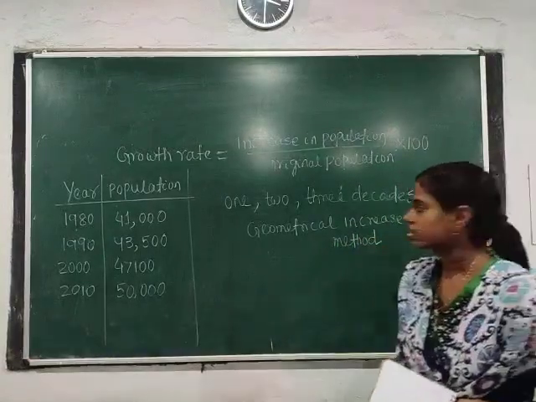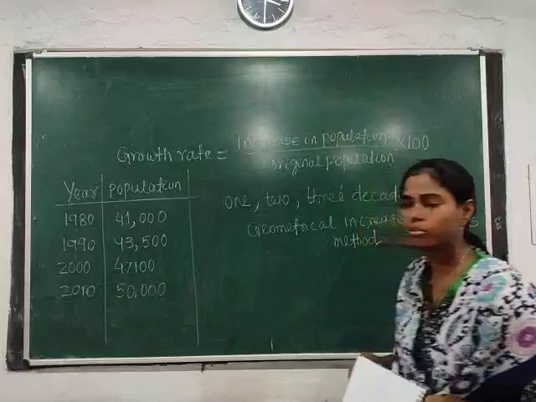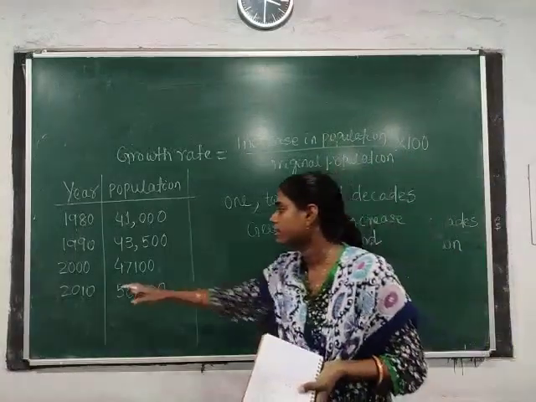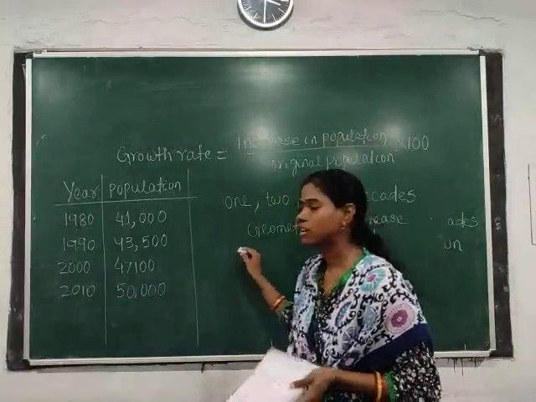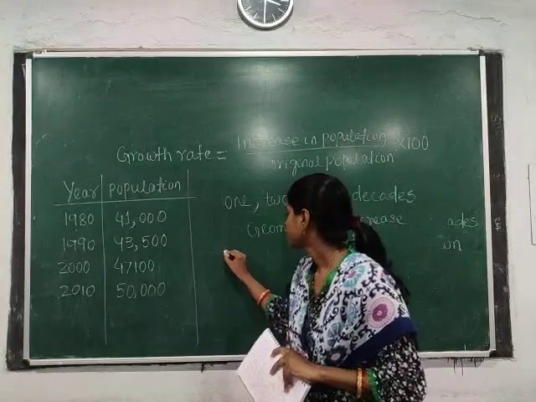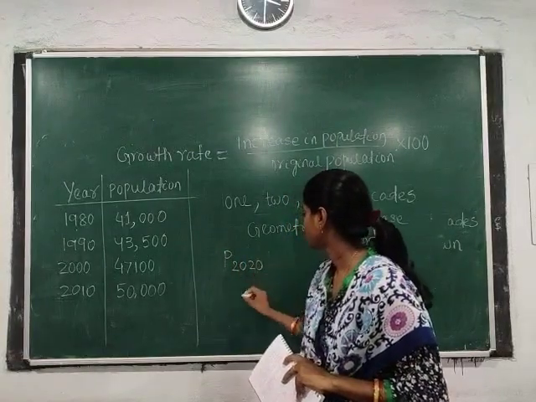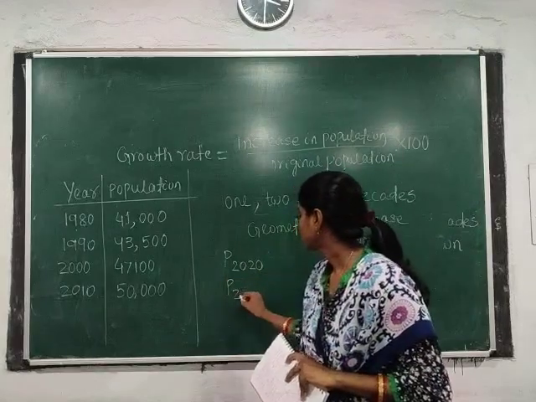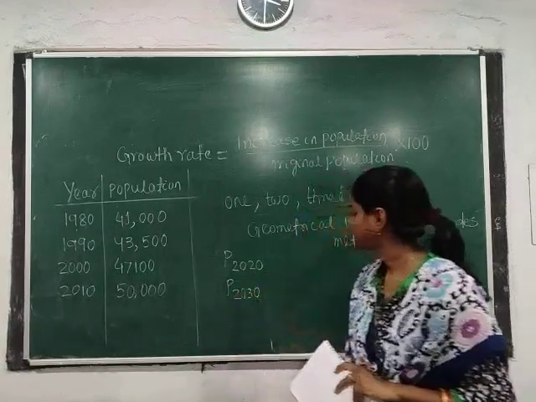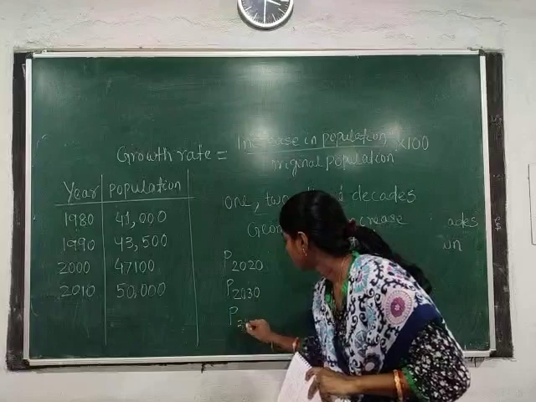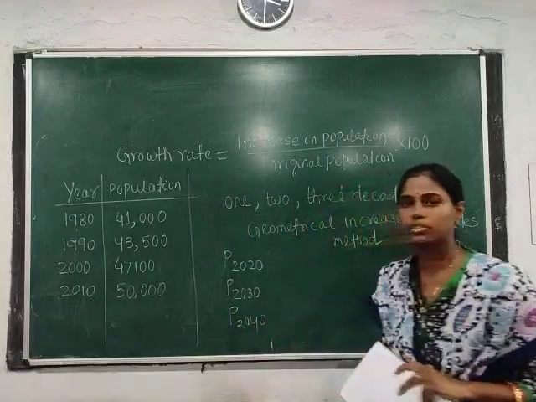So it is asked to find the population after 1 decade. 2010 is the last known data, so we have to find the population in 2020, then the population in 2030 and the population in 2040 using the geometric increase method.